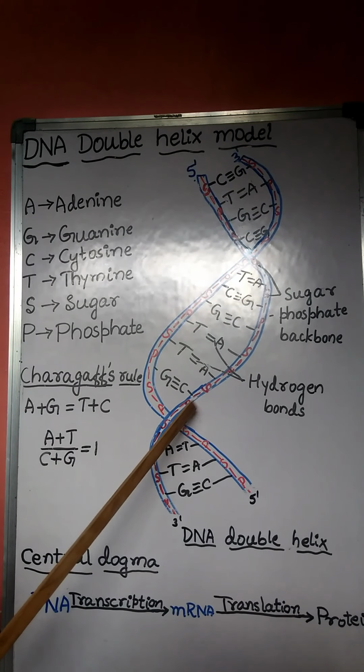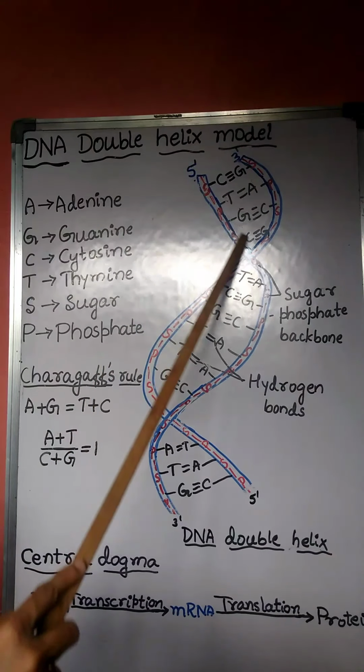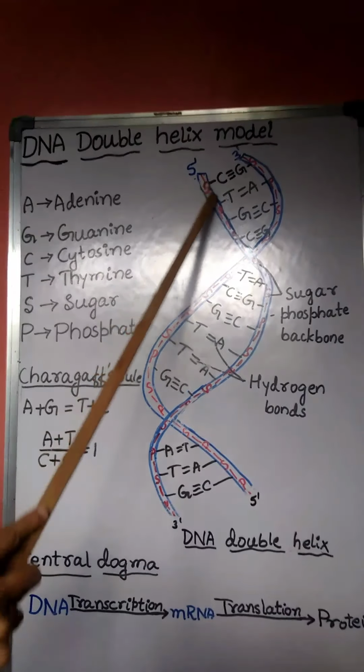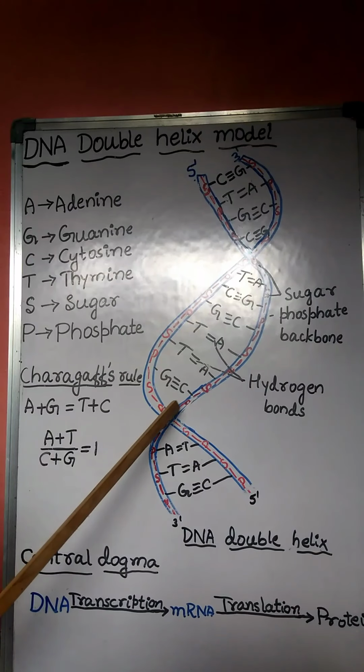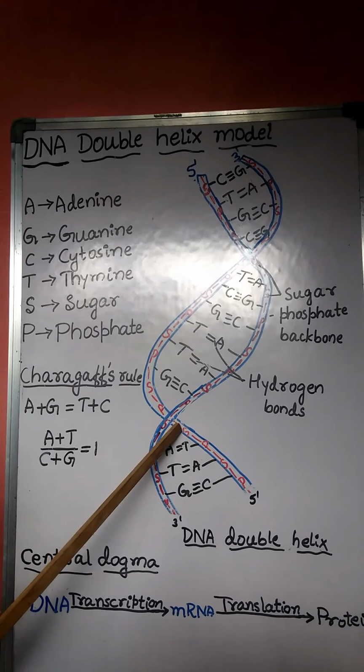One full turn of DNA measures about 34 angstrom, and in one full turn 10 nitrogenous bases, or 10 base pairs, are present.